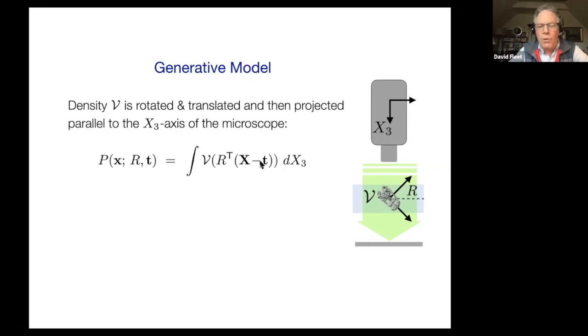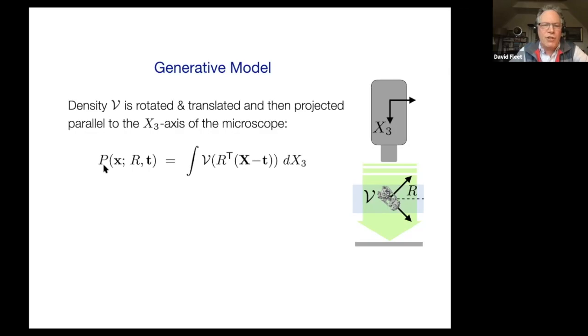And it turns out that with a sufficiently thin sheet of ice, the projection onto the two-dimensional image can be viewed as an integral projection. So all we're doing is integrating the density in the direction of the electron beam, and that gives us a two-dimensional image, P, which is P for projection.